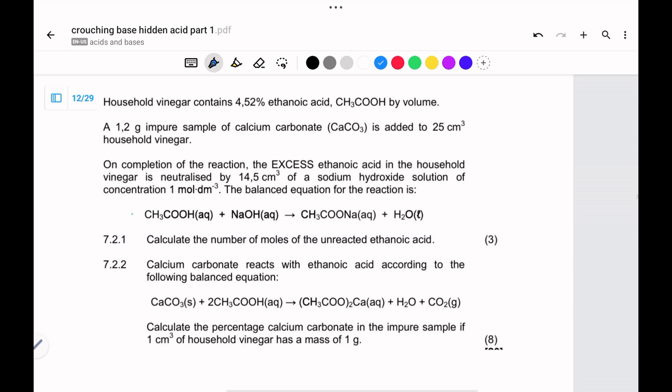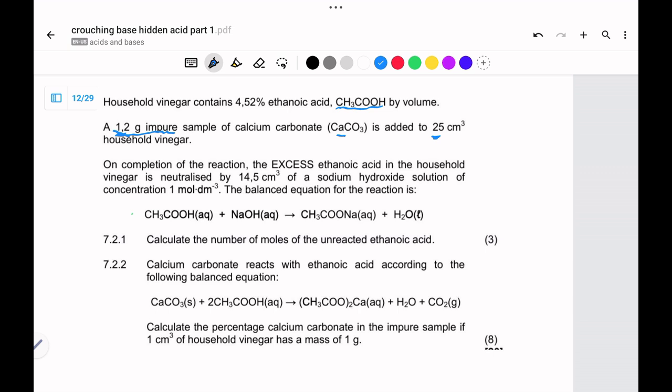We have a little bit of information about this substance, and then we have impure, so we can't actually do anything yet with this 1.2 grams of the substance, and we're given a volume for the vinegar, for the ethanoic acid. And then they tell us that on reaction, the excess ethanoic acid in the household vinegar is neutralized by blah blah blah.